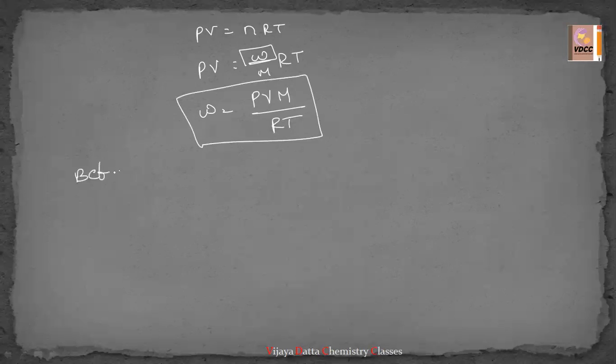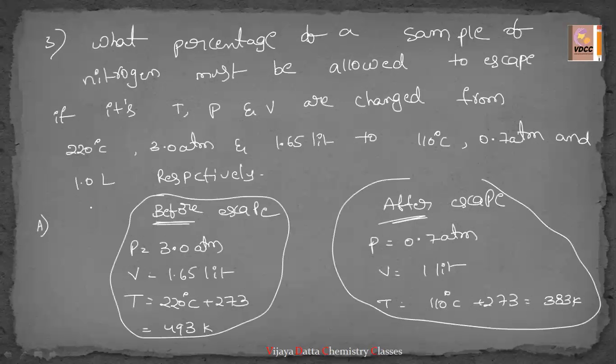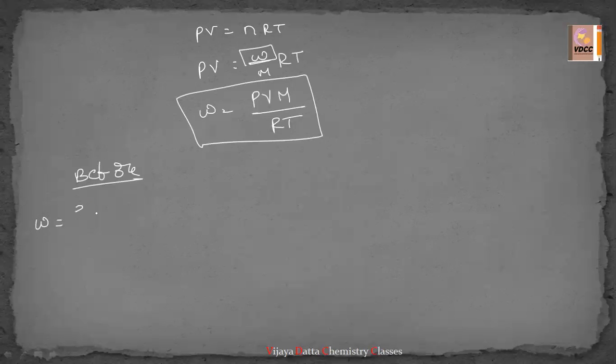First I am calculating the mass before escaping condition. Before escaping, W means mass equal to pressure 3.0 into volume 1.65 liters into molecular weight of nitrogen, that is 28, by R value, liter atmosphere, 0.0821 into temperature 493.